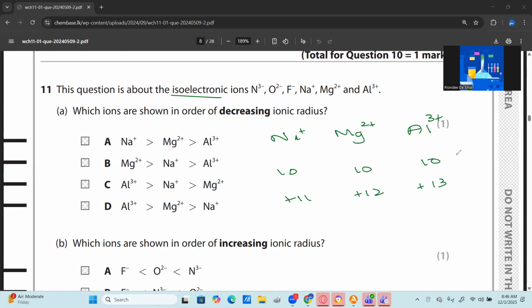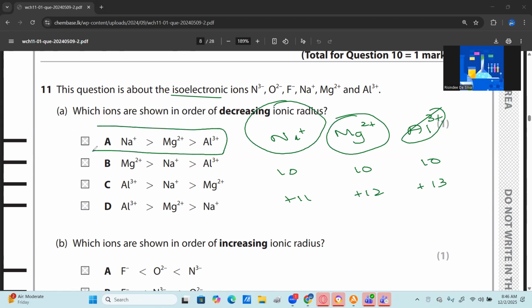So when you have the same number of electrons and more protons, the one with more protons will attract the electrons, making the radius smaller. So aluminium will have the smallest radius, then magnesium, the largest will be sodium. So the correct answer is A. Aluminium is smallest, then magnesium, then sodium.